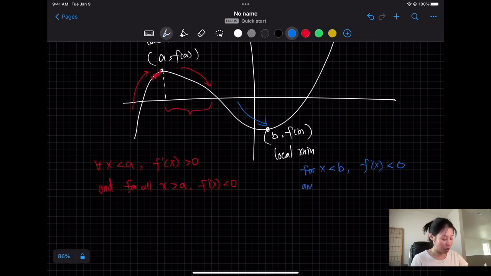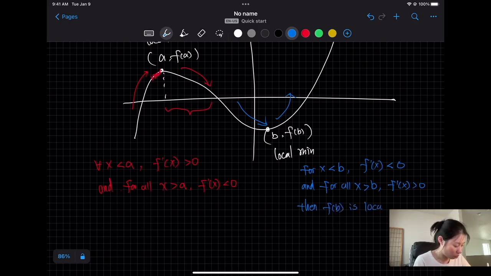And for all x on the right side of b, the first derivative is positive because you're going up, then we will have f of b is our local minimum.